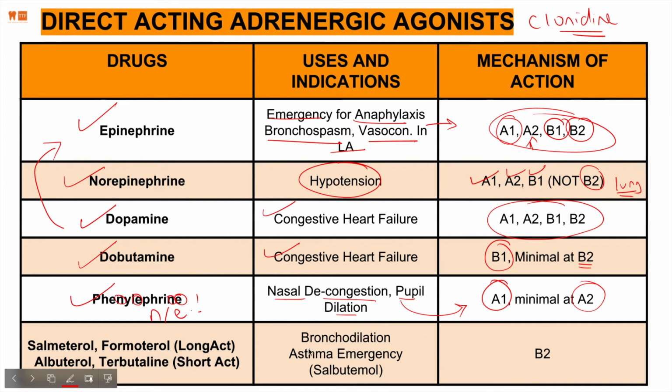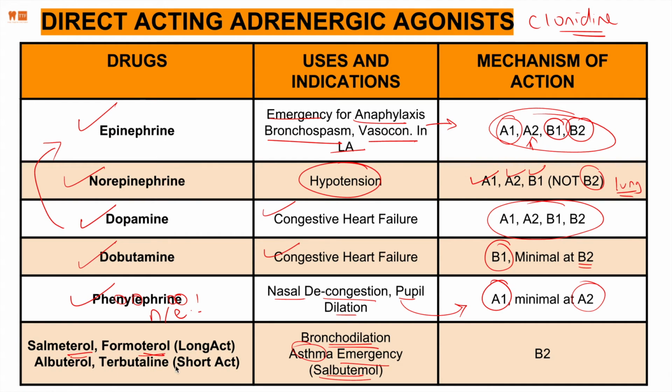And then when it comes to salmeterol, formoterol, albuterol, terbutaline, these guys are anti-asthmatic drugs causing bronchodilation. It's an emergency drug known as salbutamol. However, these guys, such as salmeterol and formoterol, are long-acting drugs.